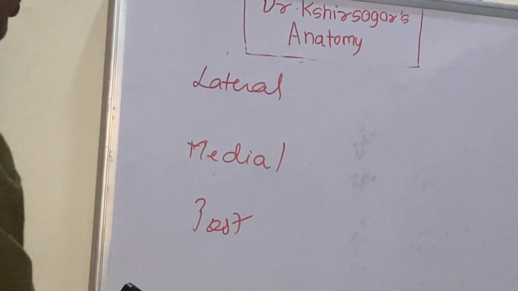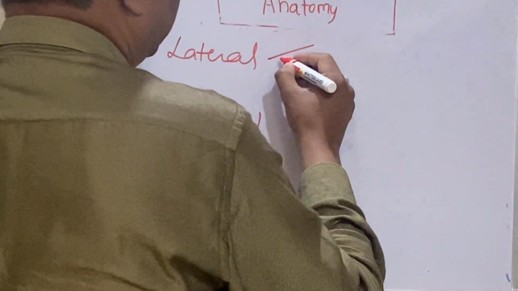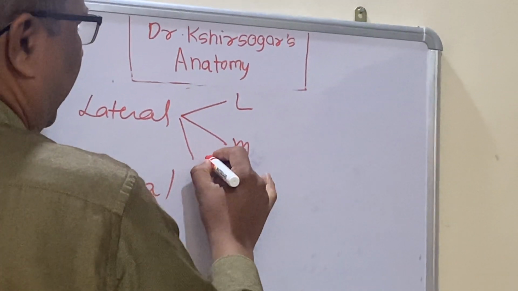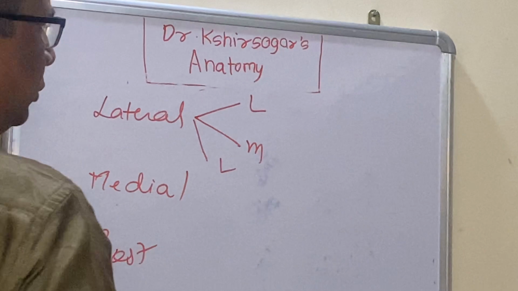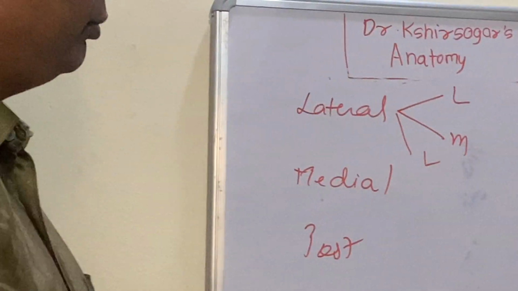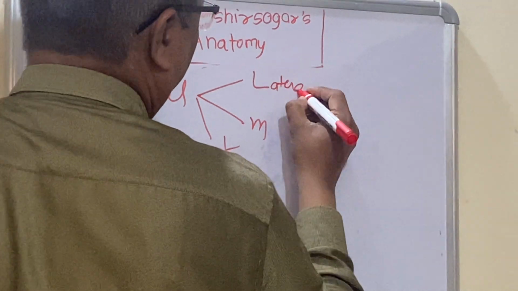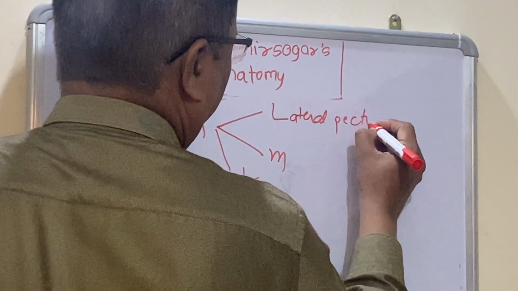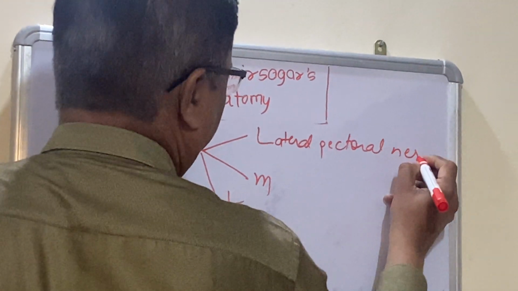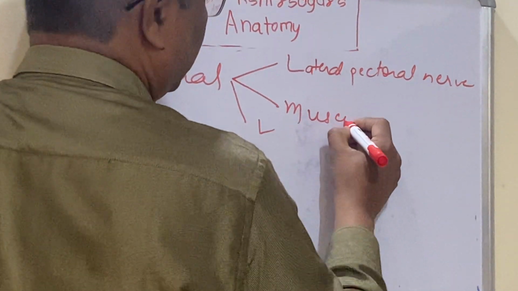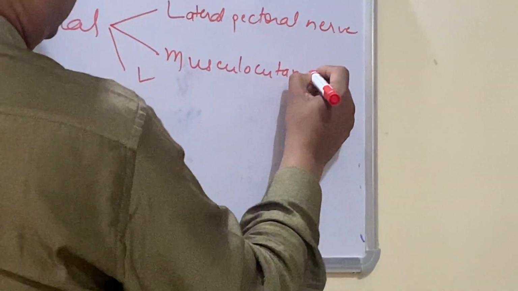Okay. So what are the branches of the lateral chord? Lateral chord branches are remembered by the letters LML. So what does L mean? Lateral pectoral nerve. Okay. M here is musculocutaneous nerve.